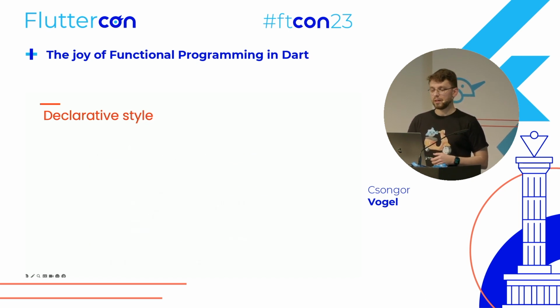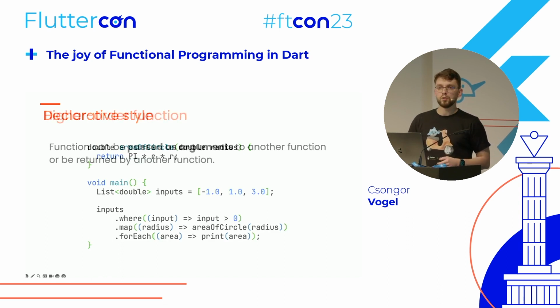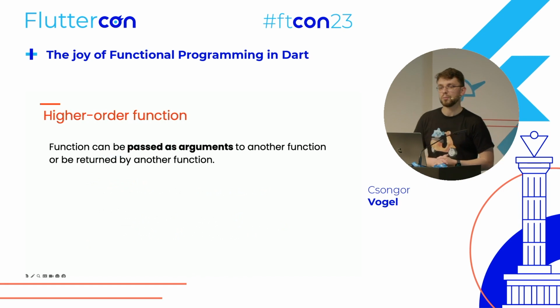But can we do this in our original implementation? The good news is that in functional programming, we can use higher order functions. Higher order functions specify that functions can be passed as an argument to another function, and can also be returned by another function.